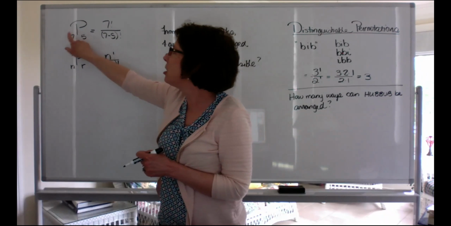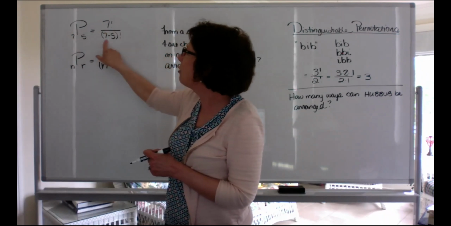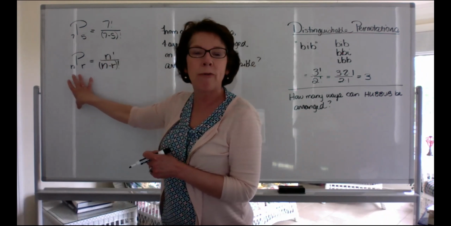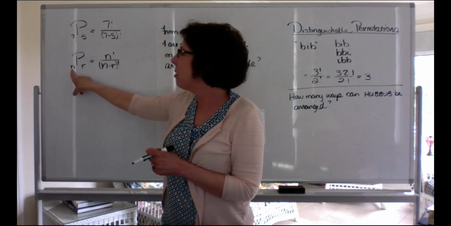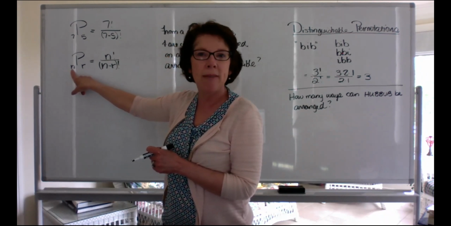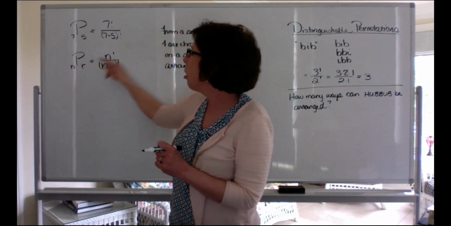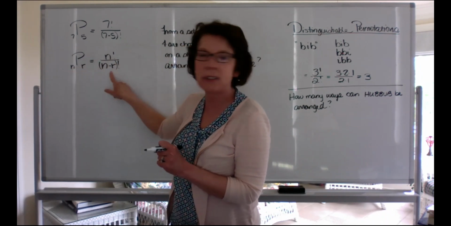So permutation of 7, choose 5. And we know it was 7 factorial over 7 minus 5, the difference factorial. Well, here is my general formula for a permutation. N is the number of total items I have to arrange. R is the number I'm actually going to arrange. So the formula is it's N factorial over N minus R factorial.